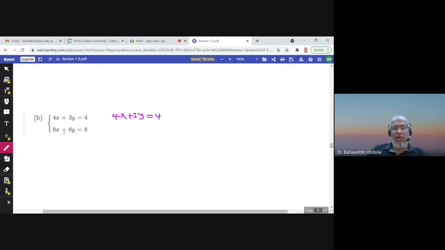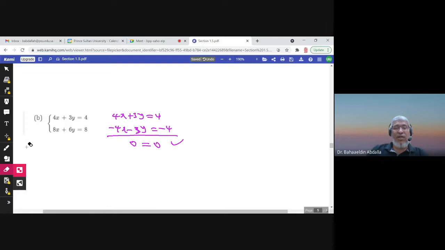Look here, I will divide by negative 2 again. So negative 4x, negative 3y equals 8 over negative 2, negative 4. Now, if you add these two equations, you will have 0 equals 0. So this means that the two equations represent the same line.